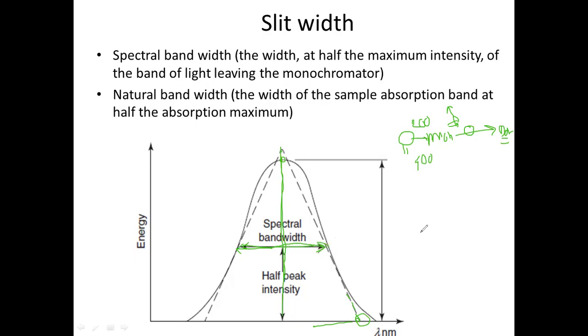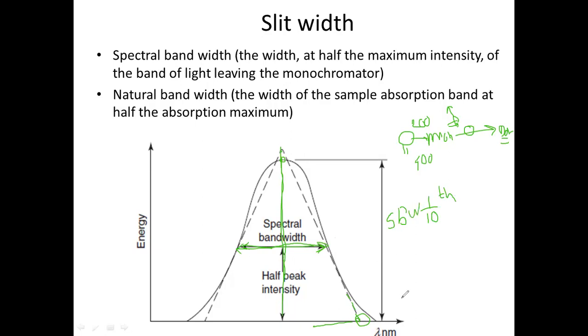Generally, for having a perfect linearity, it is preferred to have a spectral bandwidth which is 1/10 of the natural bandwidth. So your spectral bandwidth, SBW, has to be 1/10 of the natural bandwidth.